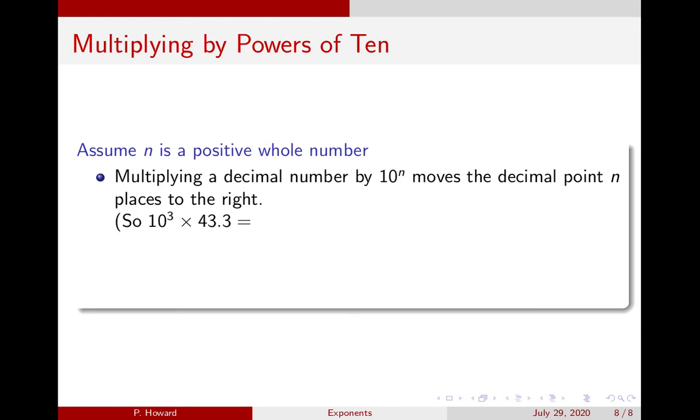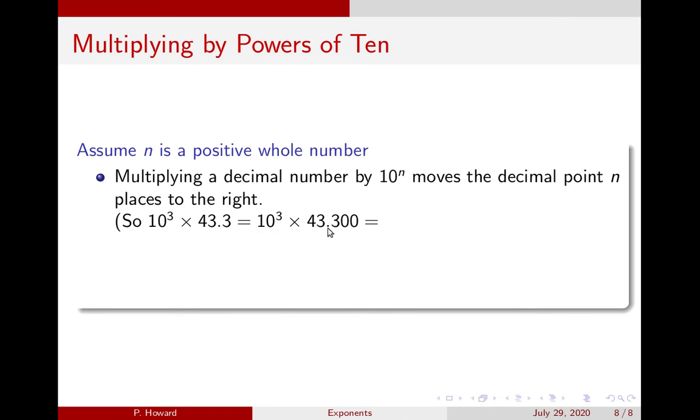So for example, 10 to the third multiplied by 43.3 can be written in decimal form by taking the 43.3 and moving the decimal point to the right 3 places. In order to get 3 places, I have to add some zeros on the right of 43.3.